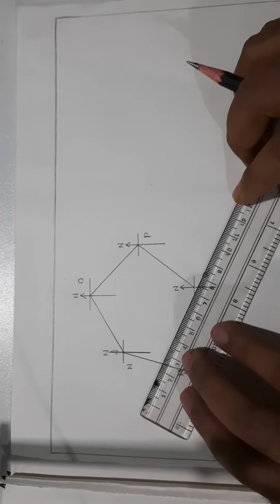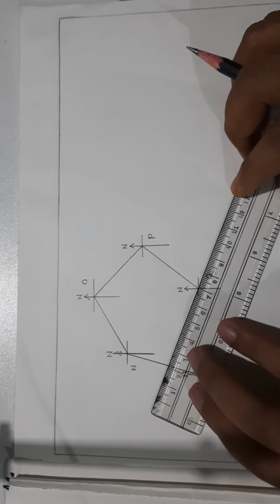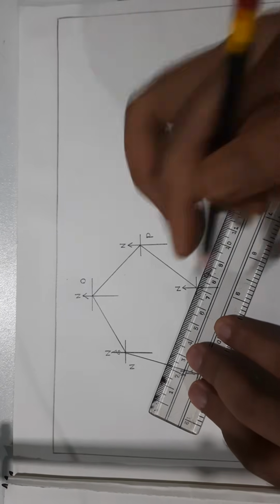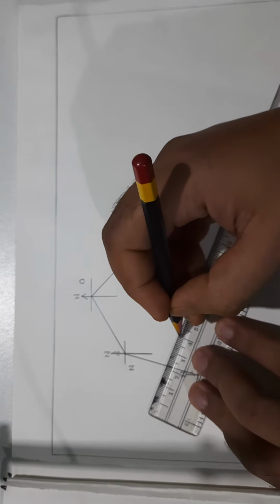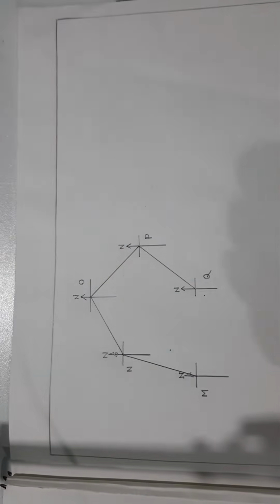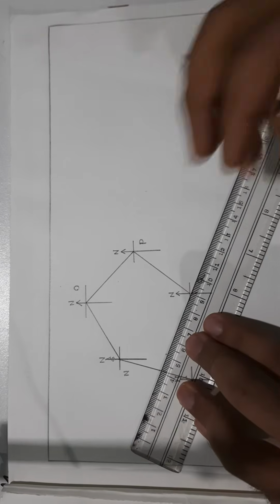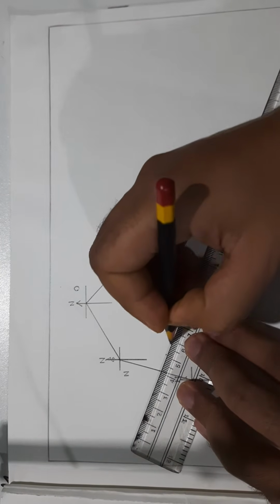So 3.9 centimeter in this direction. So this line actually fails to meet with the beginning point.